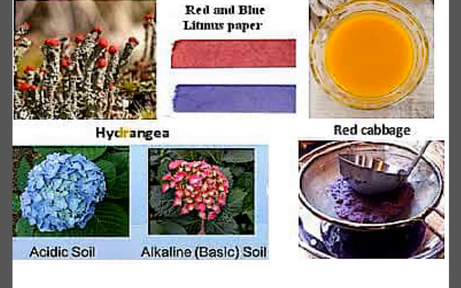Another is the hydrangea, a plant where, if it is in acidic soil, the flowers are blue in color, and when it is in alkaline soil, pink flowers are produced. All these substances we can utilize as natural indicators.